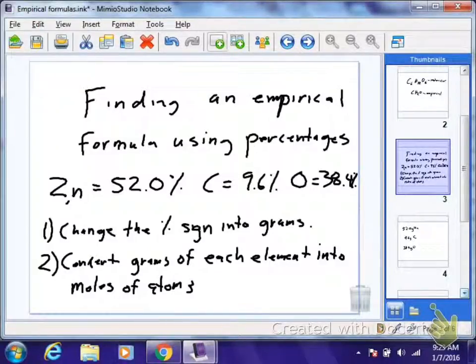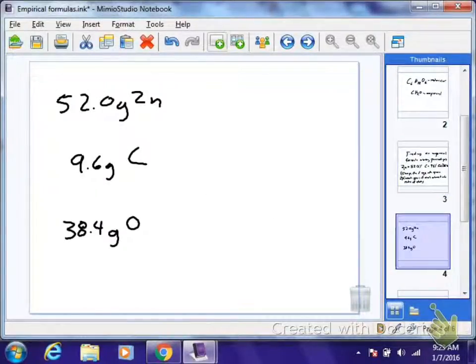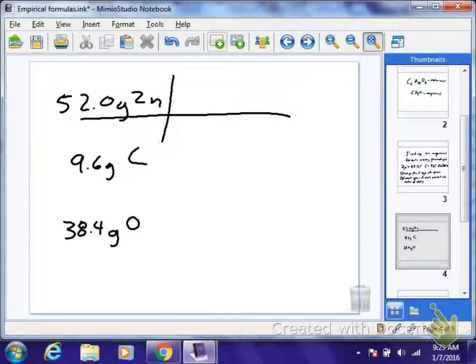Okay, I can go back to that slide, but to get your information to do those two steps, go ahead and write those down. I'm going to do the first one for you. I'm sure you can do all of them. We're going to convert grams of zinc into moles of zinc. So I'm going to put grams of zinc down here, and up here I'm going to put moles of zinc. I'm going to take the weight and find out how many moles of zinc I have in that 100 gram sample.